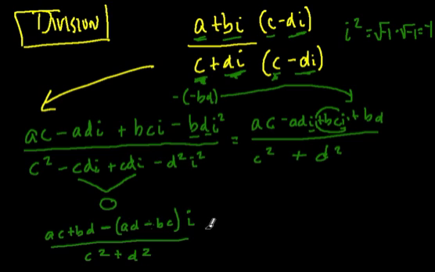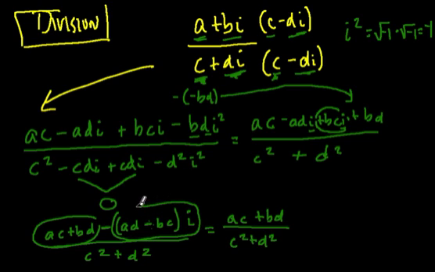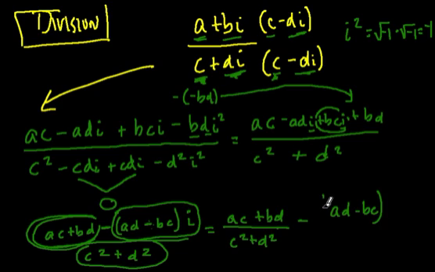And we can go a little bit further than this. We can think of this as AC plus BD, and we're almost there, over C squared plus D squared. Right? I'm saying that this term minus this term times I is going to be the same thing as this term over C squared plus D squared minus the other term, AD minus BC times I over C squared plus D squared.